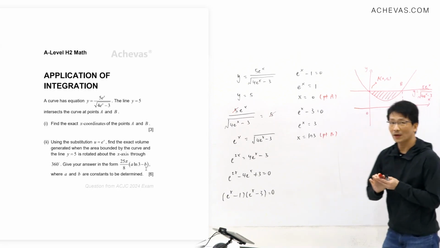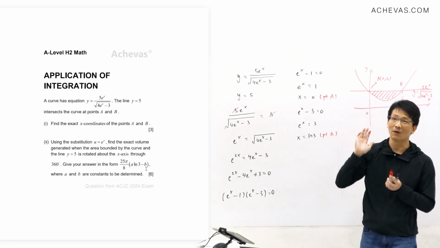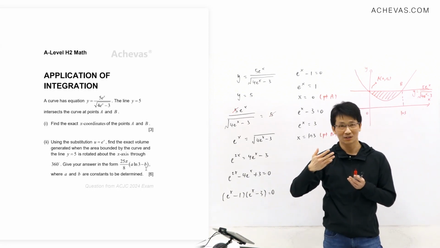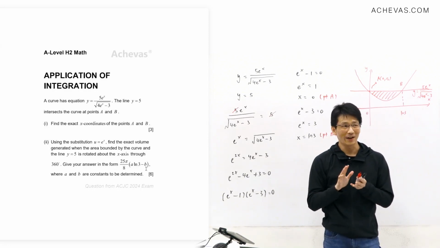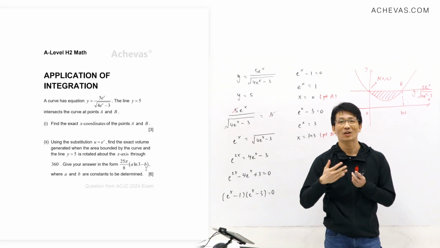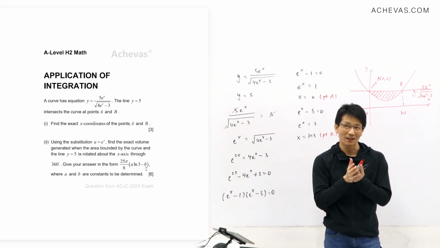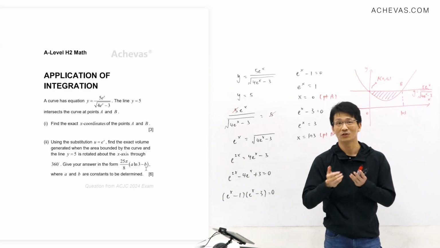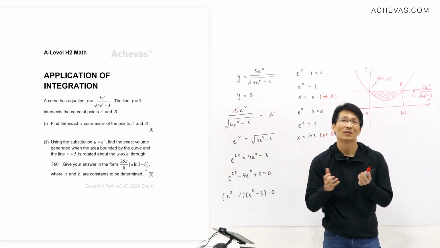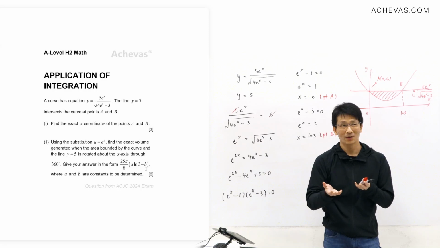Basically, to find the volume of this region, I will be using the upper curve minus the lower curve. But usually when there is a sketch involving lines, when we are finding area or volume, it's slightly faster if we make use of the standard geometric shape equations, something like the volume of a cone, volume of a cylinder, area of a triangle, and area of a rectangle, and so on and so forth.